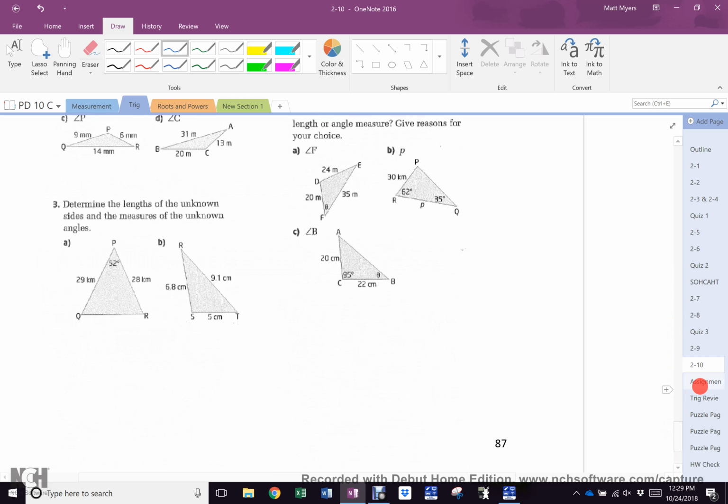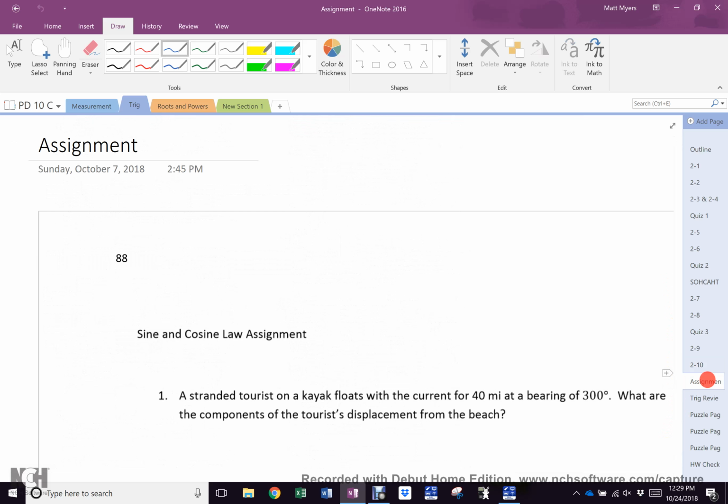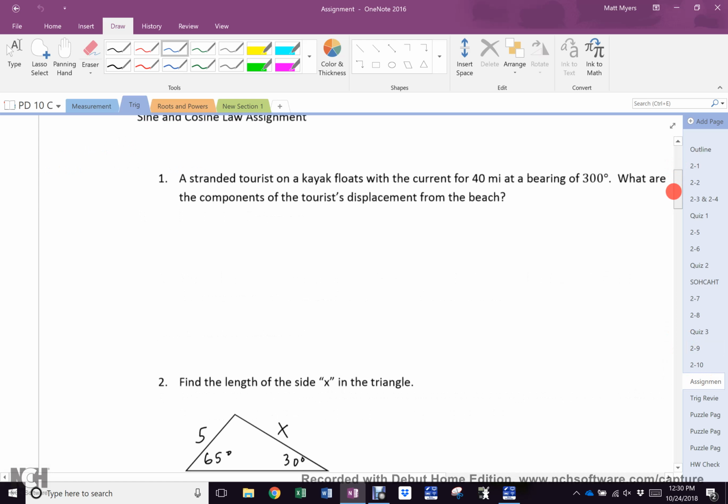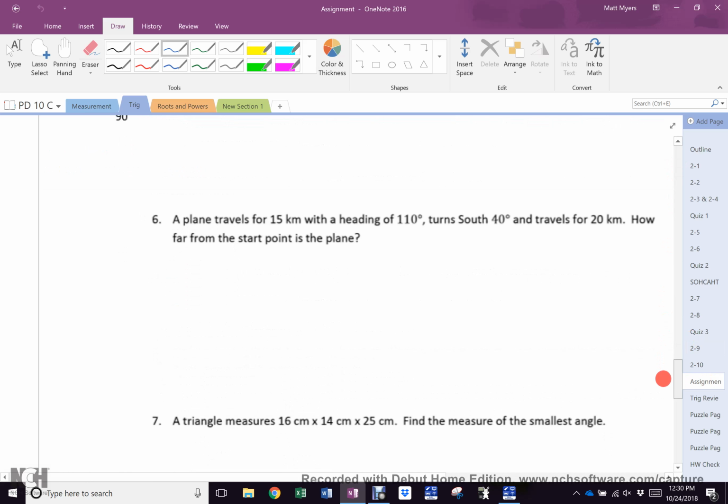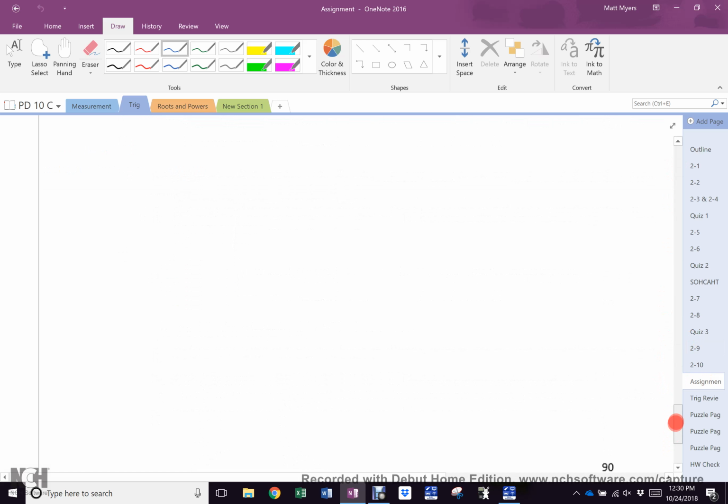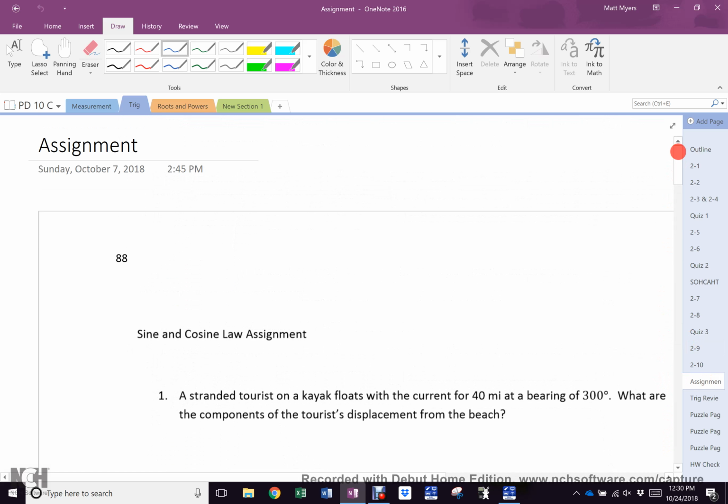Now, if you are a keener, as some of you in here are wont to be, tomorrow in class, your assignment will be page 88 to 90. Tomorrow's assignment will be done in class, marked in class. Tomorrow is Thursday. Tomorrow is a short day.